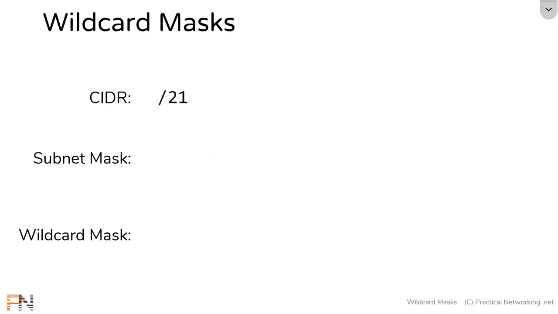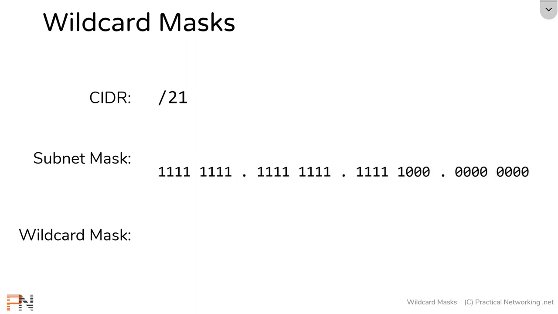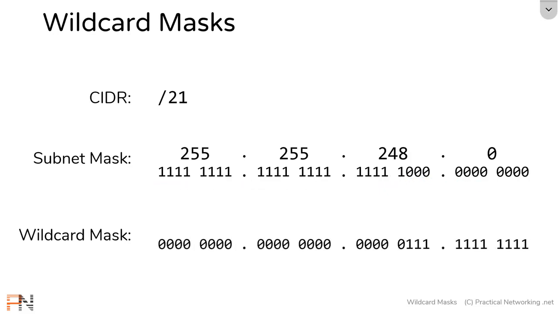Here is the slash notation of /21, which means the subnet mask has 21 ones in binary. If you convert each of those octets into decimal, you would get that this /21 correlates to the subnet mask of 255.255.248.0. The wildcard mask, again, would simply have all these ones flipped to zeros and all these zeros flipped to ones, giving us a wildcard mask that looks like this.